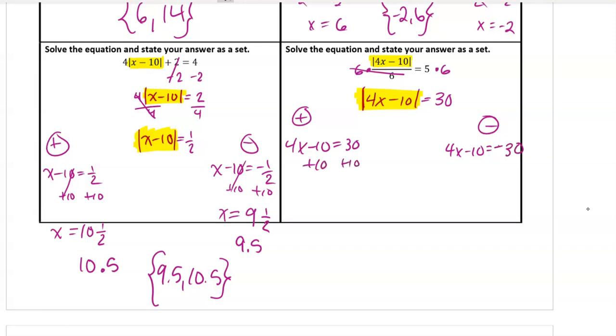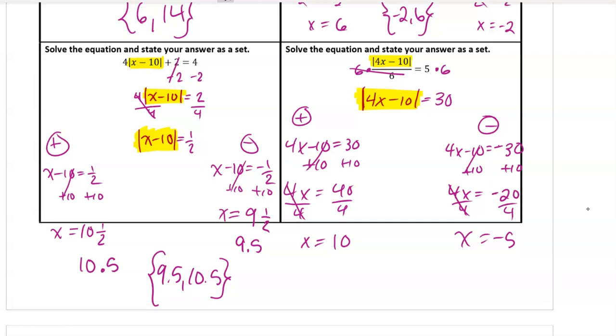Add 10 to both sides. All right, so our two solutions here are negative 5 and 10.